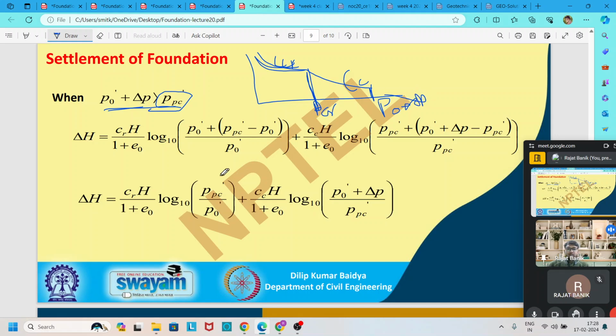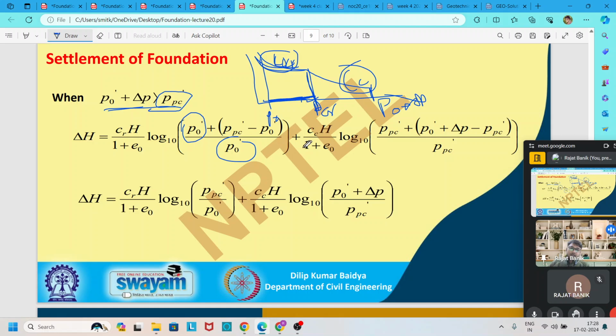And here it is P naught. So up to this we use Cr, that is recompression index. After greater than Pc you are using the compression index. So you see that the pressure previously present is P naught, but from here the increase is Pc minus P naught.